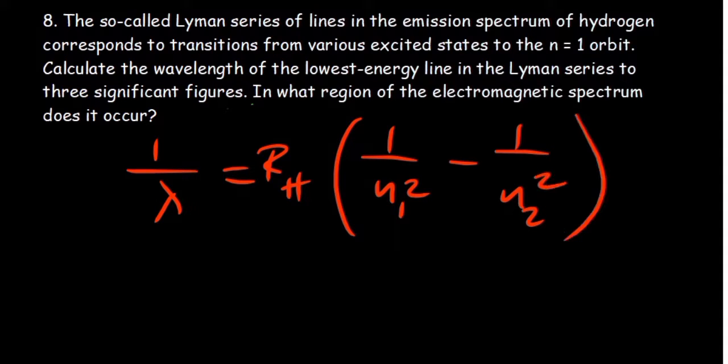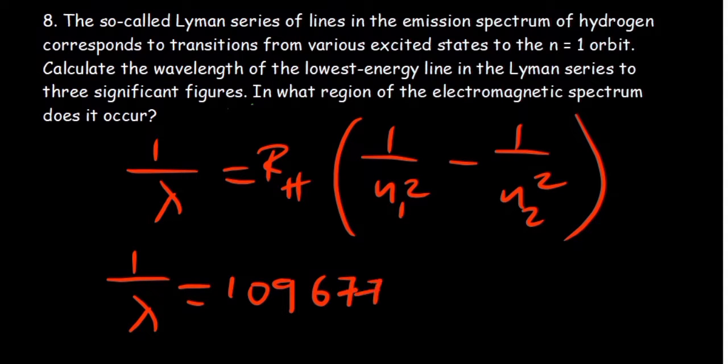In this case, what are we trying to find? We're trying to find the wavelength. So 1 over wavelength is equal to, the constant is usually given in inverse centimeters, which is 109,677 cm⁻¹.